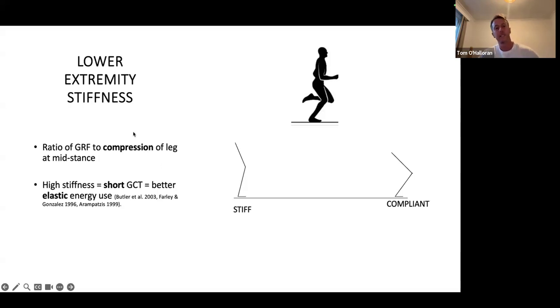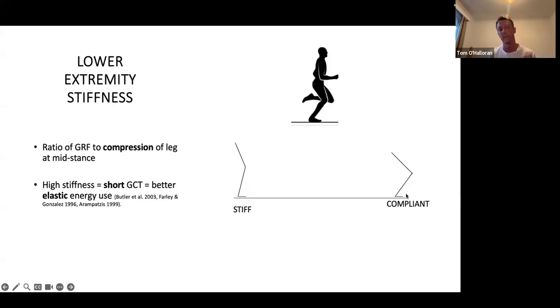So lower extremity stiffness is then the ratio of the ground reaction force, so how much force is going through that lower limb, in comparison to the compression of the leg at mid-stance. So at mid-stance, obviously gravity is trying to pull us down to the ground as our body weight is absorbing, and our ability to defy that, to resist compression, to resist that collapse, is termed lower extremity stiffness.